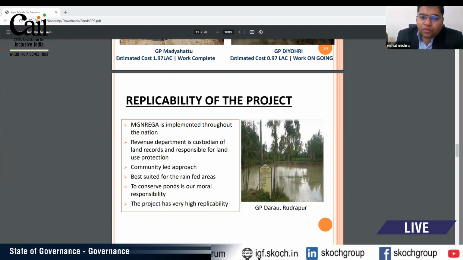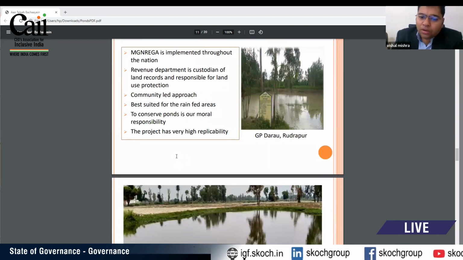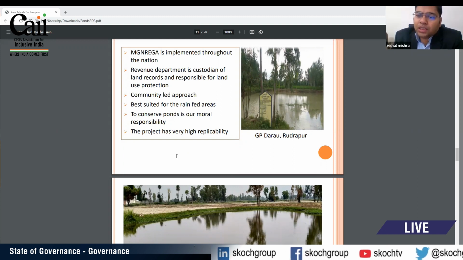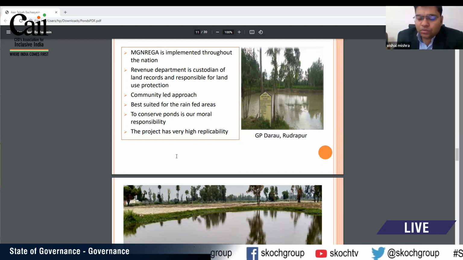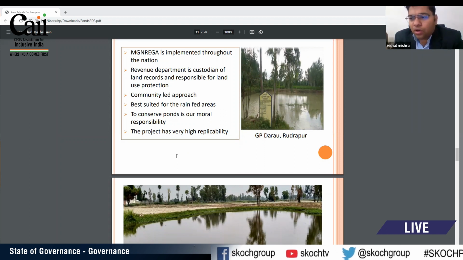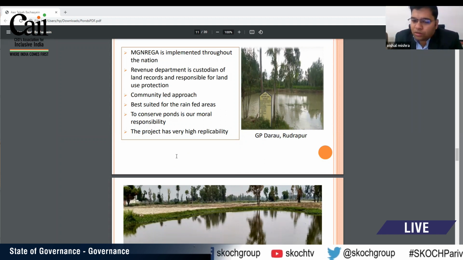Now what we are doing is that these ponds will be further allocated to some FPOs and self-help groups, so that economic activity can be done in these ponds. In fact, some ponds have been allocated already. There were some legal hurdles, some rules were not prepared. That's why we have not allocated all the ponds, but now that legal hurdle is also over.